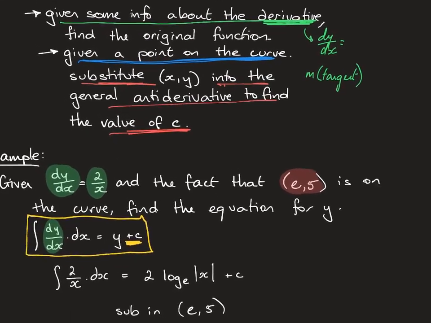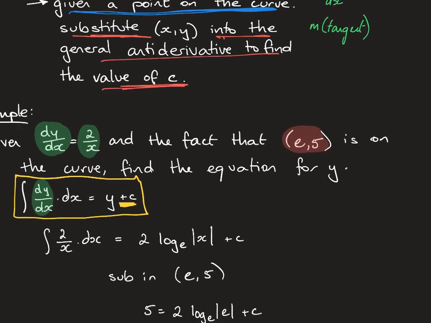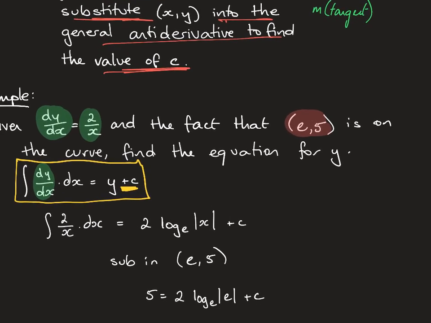Substitute it in, solve it using our pattern. So the integral of that, the 2 comes out the front, and we're left with the integral of 1 over x, which gives us 2 log e of x plus c. We're going to substitute in e, 5. Please do not be scared of the fact that this is an e. It's just our x value.